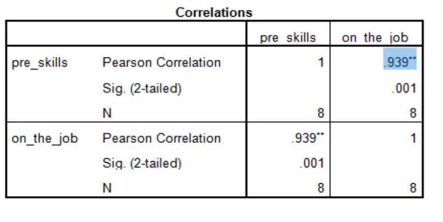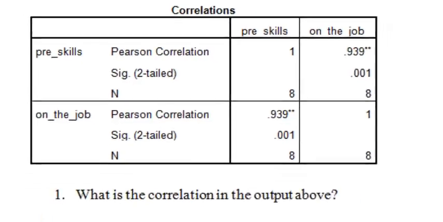Well, we don't see a negative sign, so we know that it's a positive relationship, which means as one variable goes up, so does the other. Or if one variable goes down, so does the other. So in this case, we're looking at pre-skills versus on-the-job behavior. And so as pre-skills go up, on-the-job behavior would go up. If pre-skills go down, on-the-job behavior goes down.